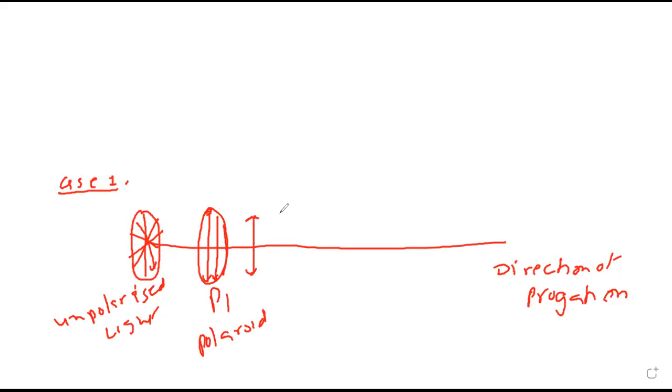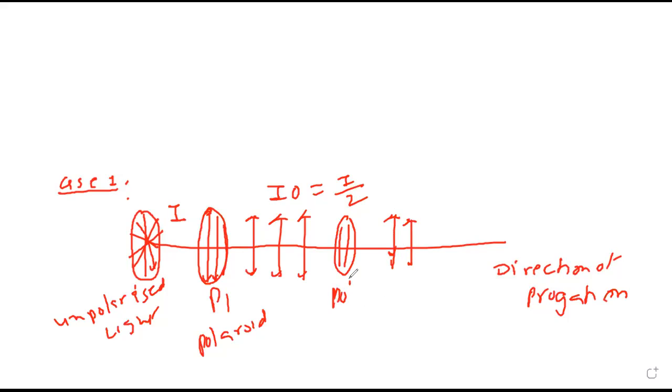So it will give the vertical one as output. This is I naught. This was giving output I here. Only I naught is I upon 2. This is made to pass further through another Polaroid, which is also kept in the same direction and will let parallel vibration pass, so I will again get this output.